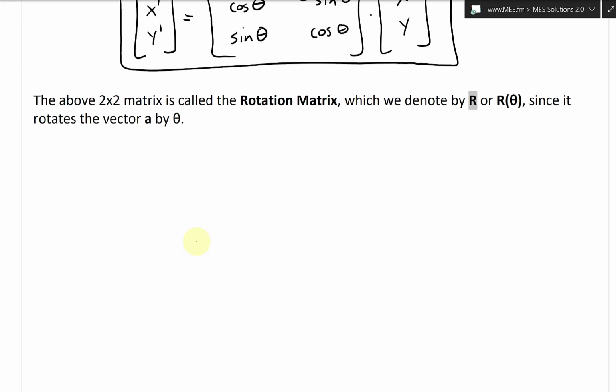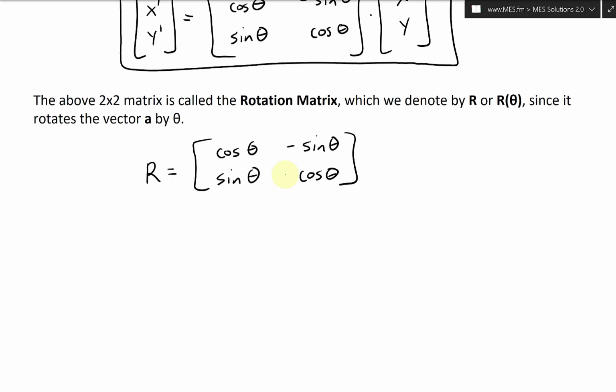So R, the rotation matrix, is equal to R theta, which equals cosine theta minus sine theta, then sine theta here, cosine theta here. Sometimes I'll use R theta when we put in a value for theta.